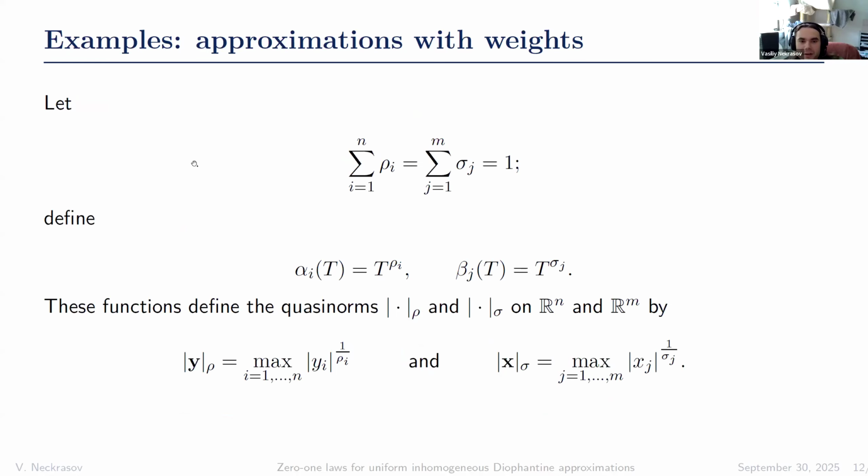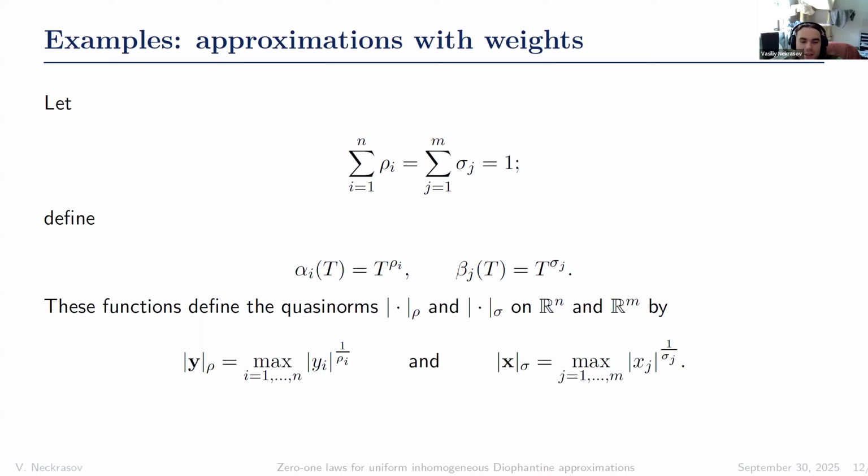Finally, the examples. Finally, the approximations with weights that I promised. This is also a well-studied subject in Diophantine approximation: instead of the supremum norms, we take quasi-norms. Finally, I can use these words because these are indeed quasi-norms, defined by weight vectors rho and sigma. Here are the definitions, and instead of just the maximum of absolute values of coordinates, we take these coordinates to the powers 1 over rho i and 1 over sigma j.